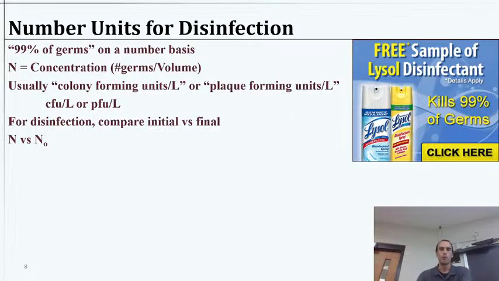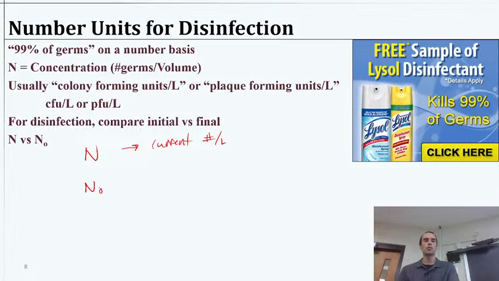And really what I want to point out here is if we compare our N, which would be some current number concentration, we'll say number per liter, to our initial, maybe we divide, this would be initial number per liter. This is giving us the proportion that's remaining, right?